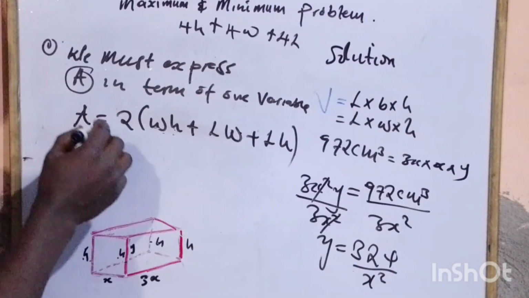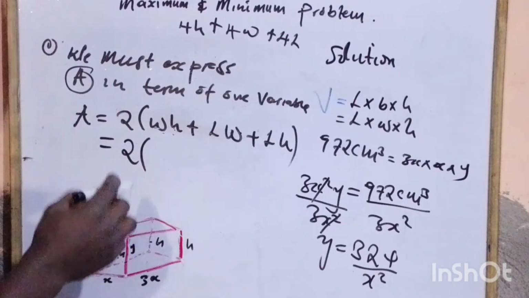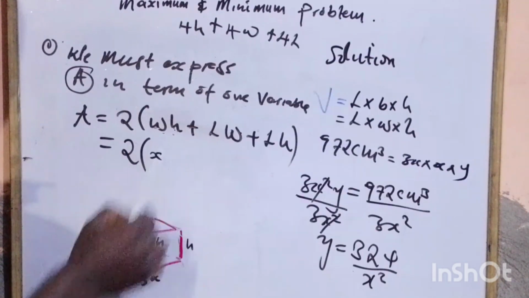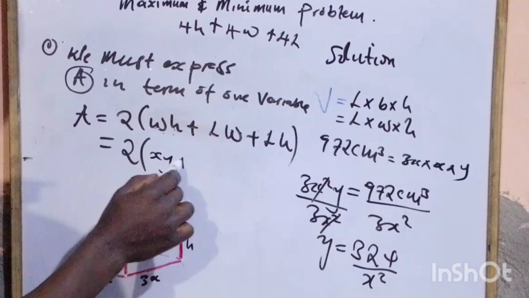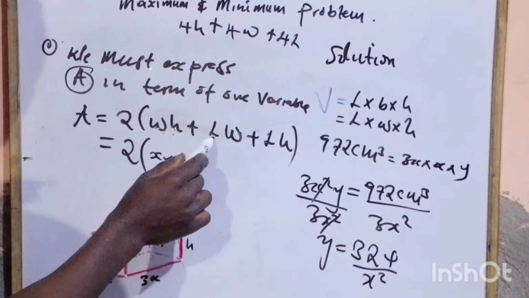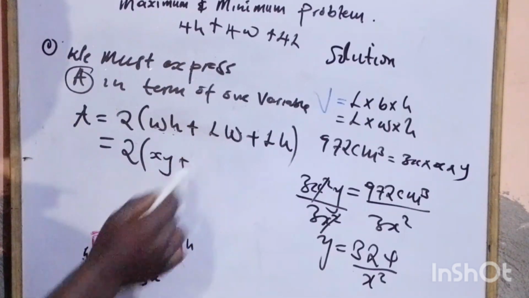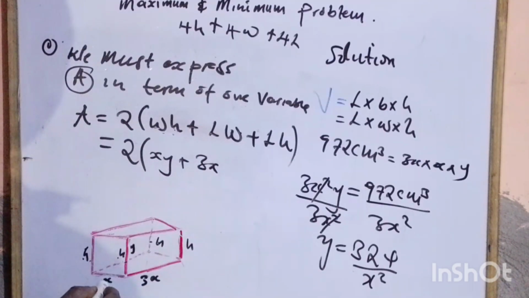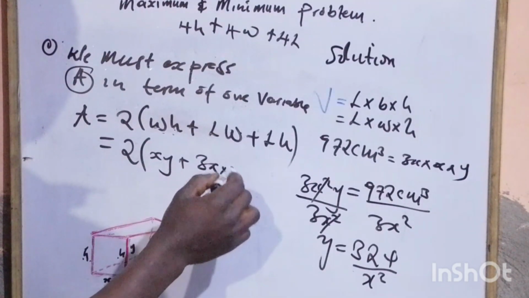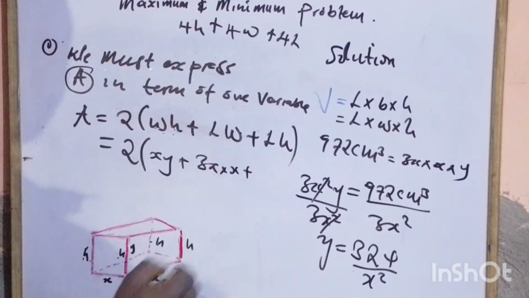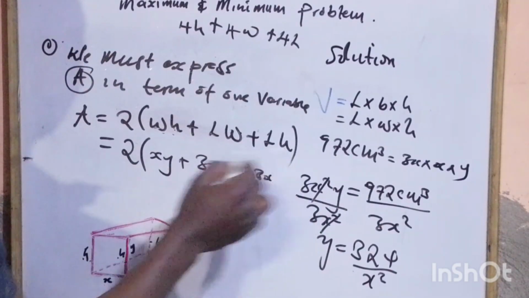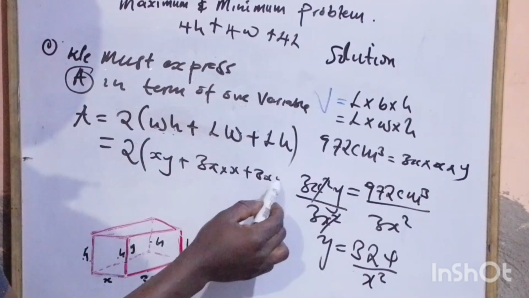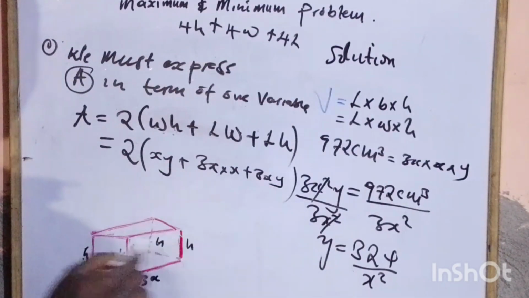We are going to say 2 times open bracket width, we have x, times height, we have y, plus length, we have 3x, times width, we have x, plus length, we have 3x, times height, which is y.